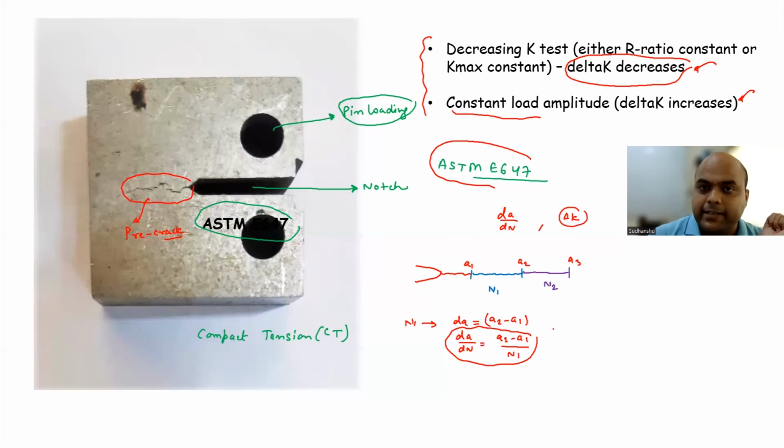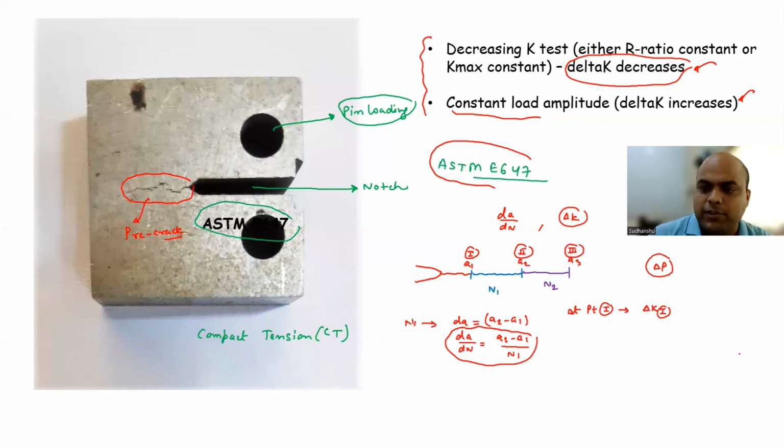Now, how do you measure delta K? Let's say this is point 1, this is point 2 and this is point 3. At point 1, you can have delta K1 because you know the crack length, you know delta P. This is compact tension, so if you go through our previous lecture, you know the equation for delta K, a function of A by W. That will be given in terms of delta P, A by W and crack length.